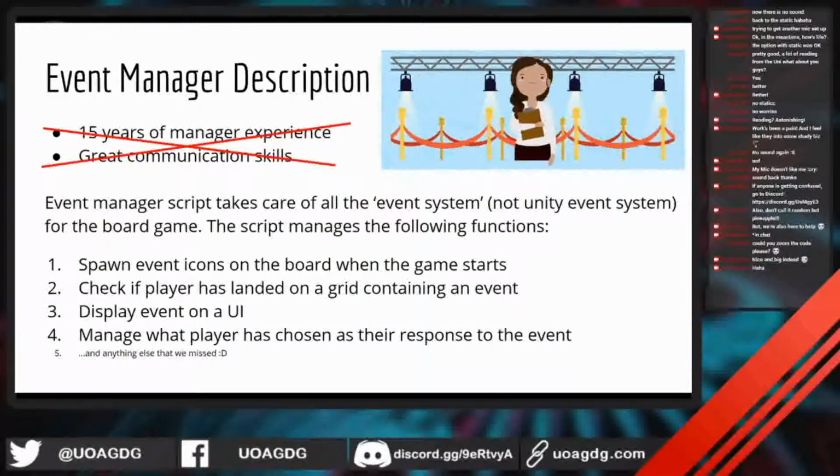So a couple of things it does: spawns icons, it handles checking if the players actually reached a grid location which has an icon representing an event, handles the UI displaying of the event, handles the responses from the event, i.e. which response the player has selected, and a few other things which I've missed. You'll get to see that if you look through the file, that is.